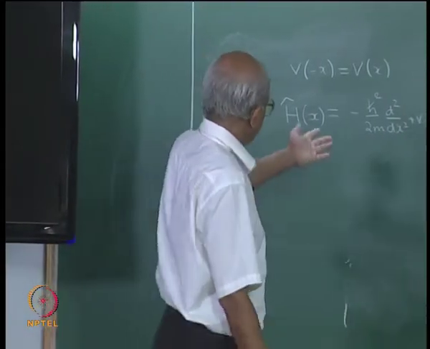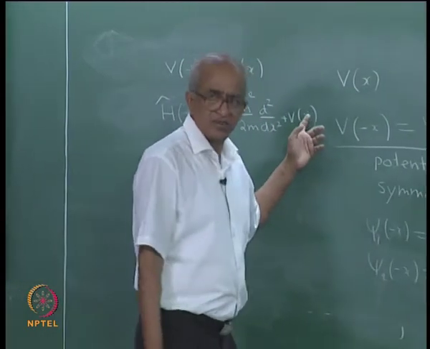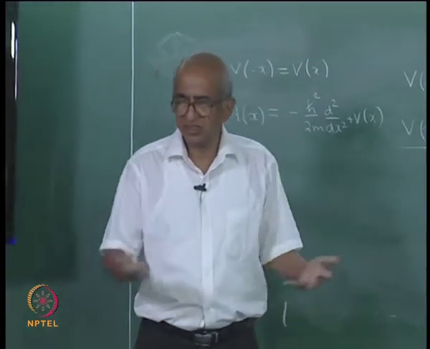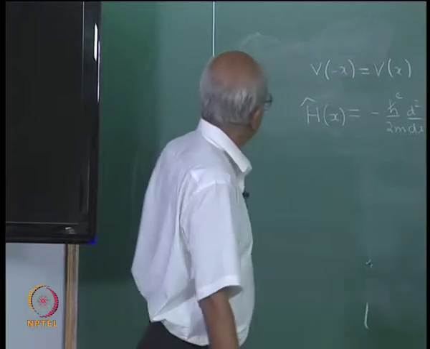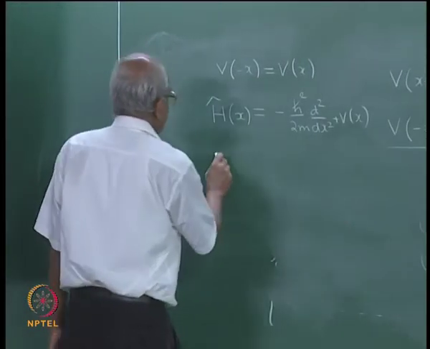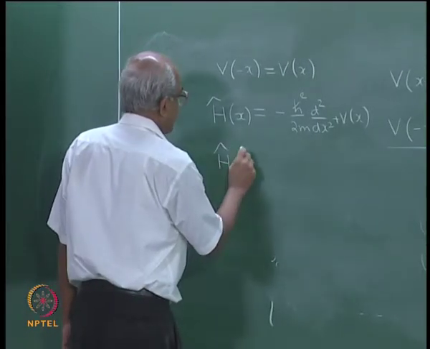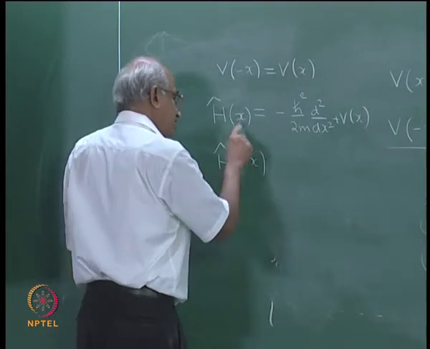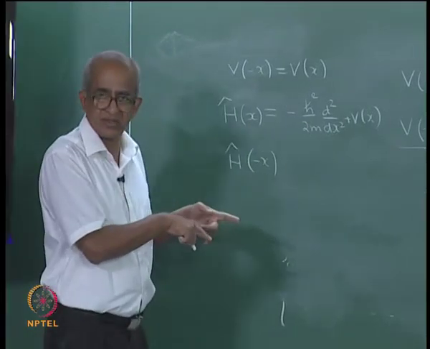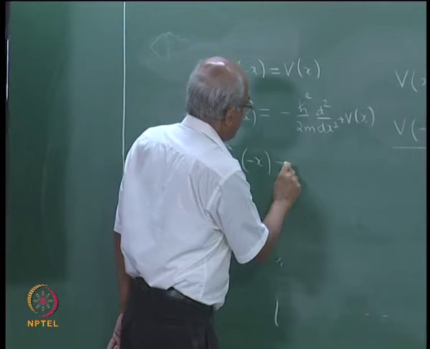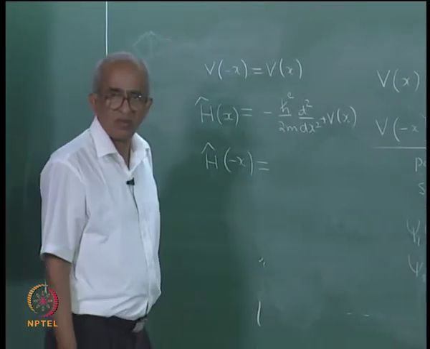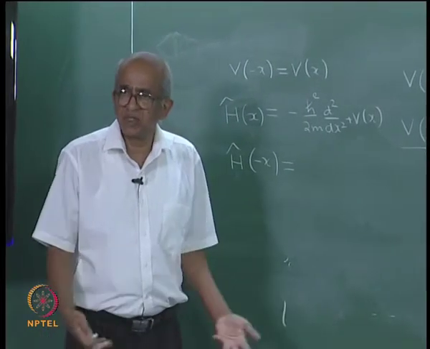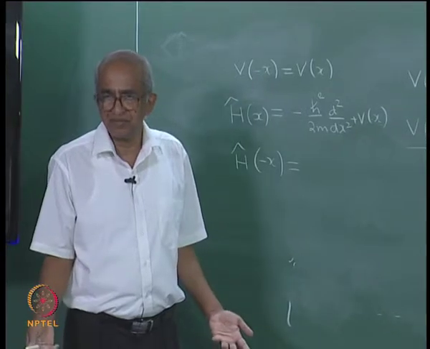It involves differentiation with respect to x as well as this v of x. So, suppose you think of h of minus x, that means I am taking this x and replacing it with minus x. What will happen to the Hamiltonian? Wherever x is occurring, I am going to put minus x, that is all that I am doing.